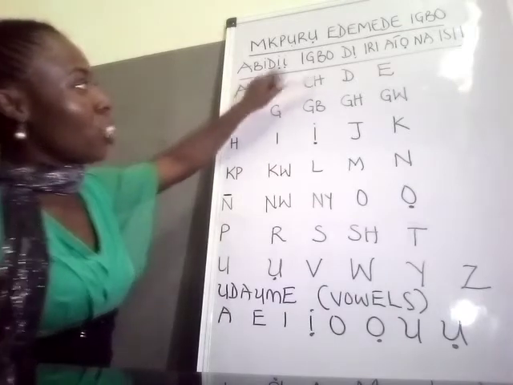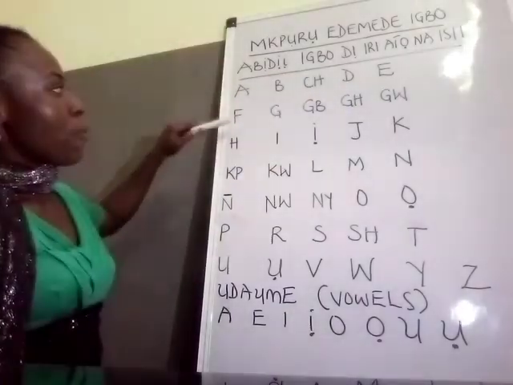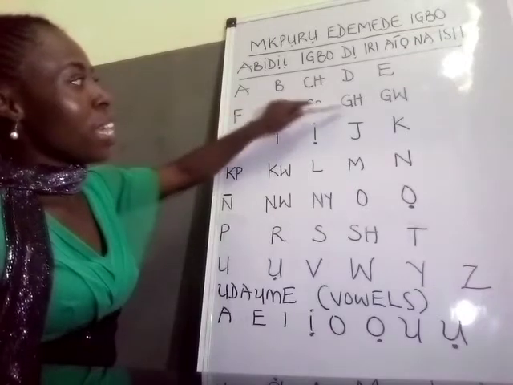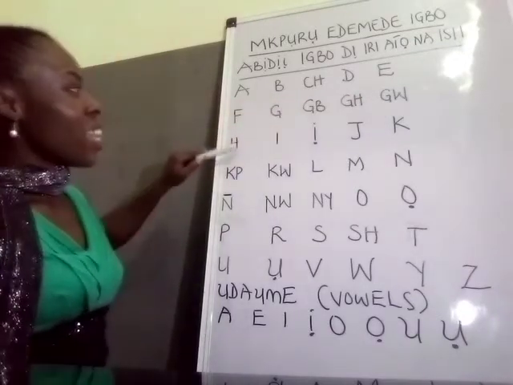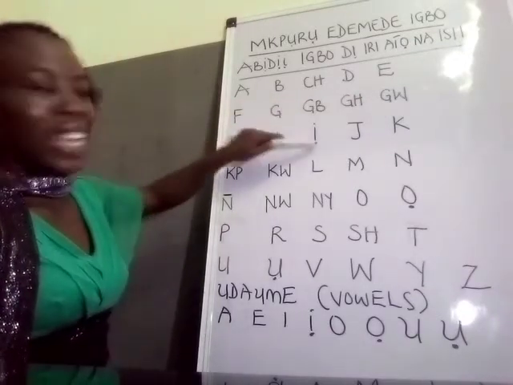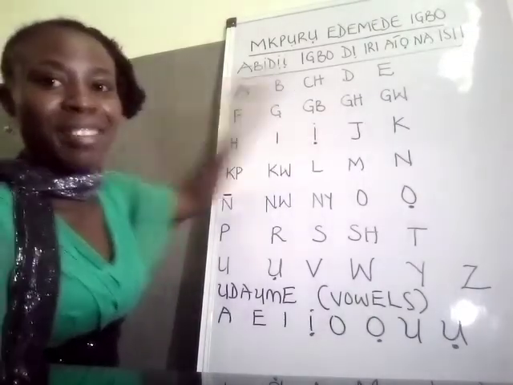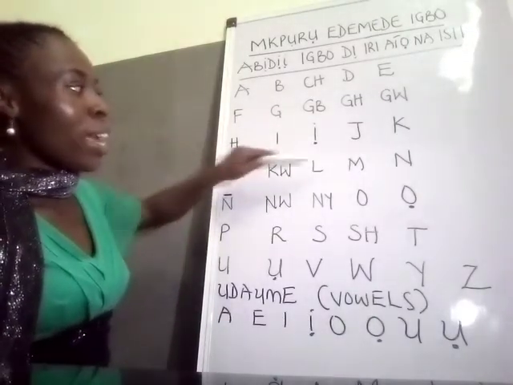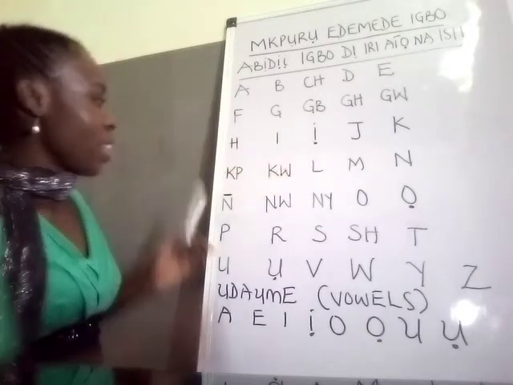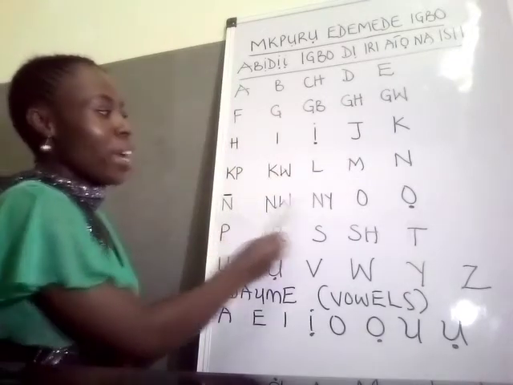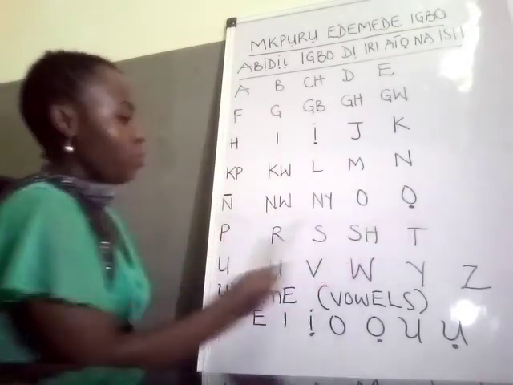A, B, C, D, E, F, G, H, I, J, K. Mkpuruedemede Igbo.